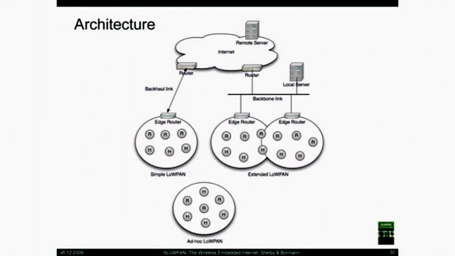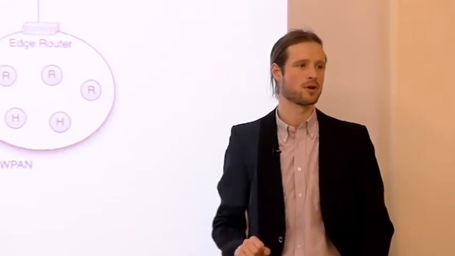So what does the 6LoWPAN architecture look like? So if we think about this as being the internet, this as being the University of Oulu network, so the university network here with a backbone Ethernet switched infrastructure. We can think of 6LoWPAN as being little islands of stub networks connected to this internet or to local networks.